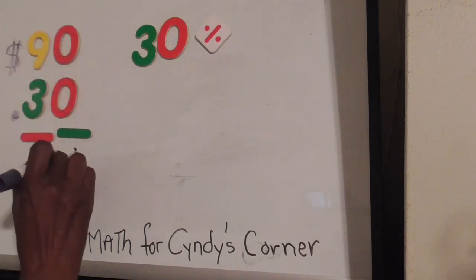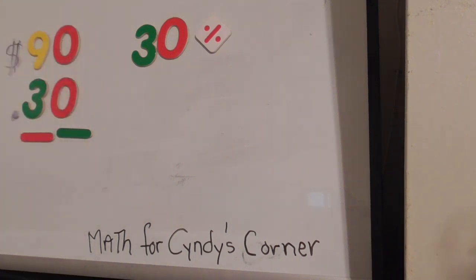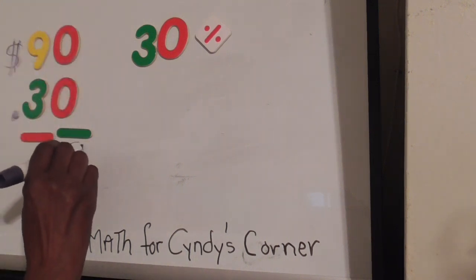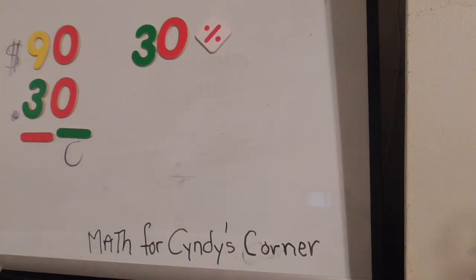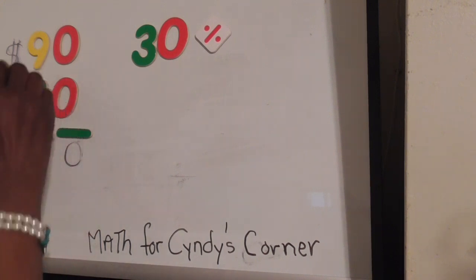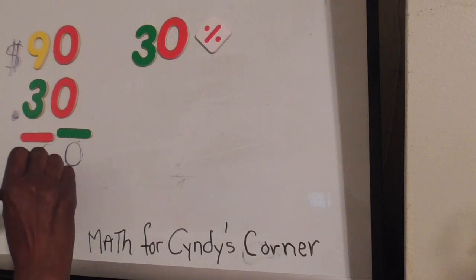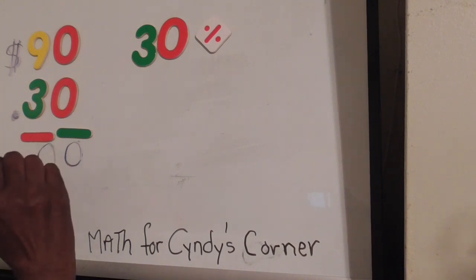0 times 0 is 0. 0 times 9 is 0. 3 times 0 is 0.